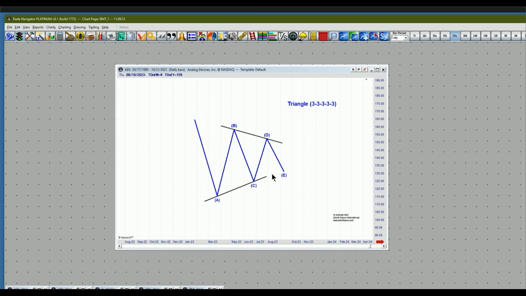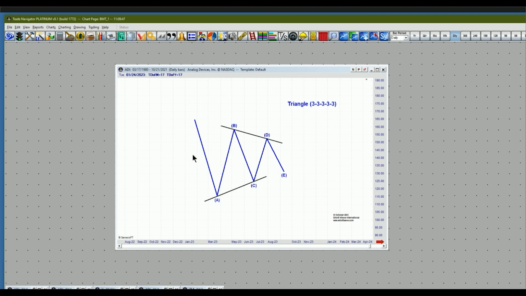Also, whenever we're working with a triangle, we sometimes forget about its placement on more than one occasion. Probably the most recent occurrence of this was in a price chart of Starbucks several years ago. We sometimes forget that triangles can pop up in the wave B position or as an X wave in other types of corrective structures.